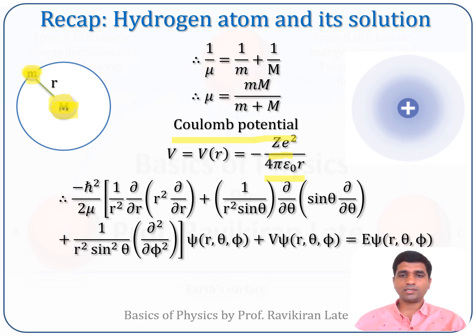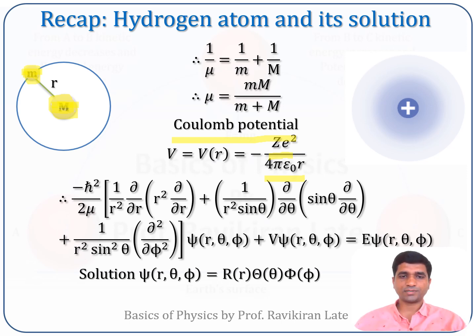and we have substituted this potential in terms of the spherical polar coordinate system in the Schrodinger equation, which is given over here, and we have formulated its solution in terms of psi of r, theta and phi, which consists of three parts. One is the radial part, another is the theta part, and the third one is the phi part.